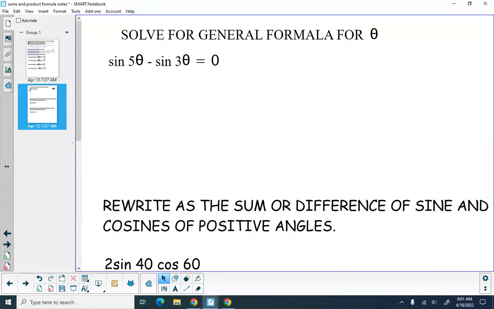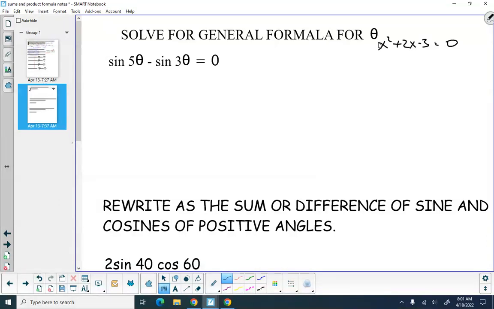The problem we run into is that we have 2 things that are being added or subtracted. It goes back to the idea, if I had x squared plus 2x minus 3 is equal to 0, in that form, I can't solve that equation. I can't solve by adding 3 to both sides and then dividing by a coefficient, because I have an x squared term and I have an x term.